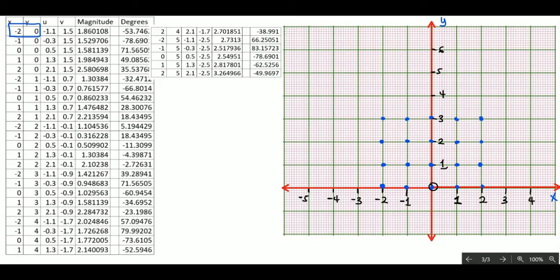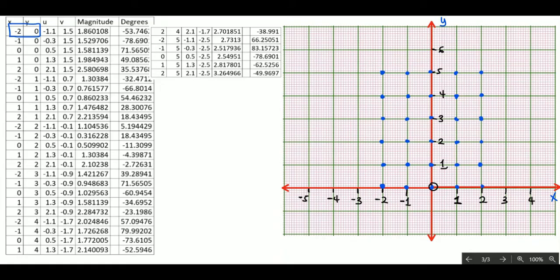The next one you're going to have minus 2, 4, minus 1, 4, 0, 4, 1, 4, and then 2, 4. Then the next one is going to be minus 2, 5, minus 1, 5, 0, 5, 1, 5, and then 2, 5. So that's the plot for the points.